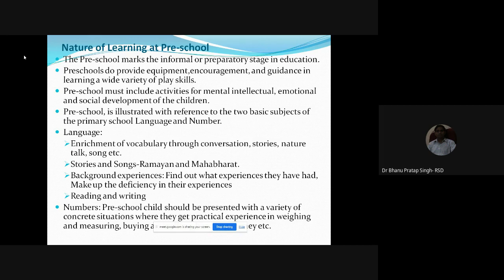In preschool, the student attains various kinds of experience, and these experiences will help the child to get further education, further primary education. So it is the preschool's responsibility to make up the deficiency in the child's experience.